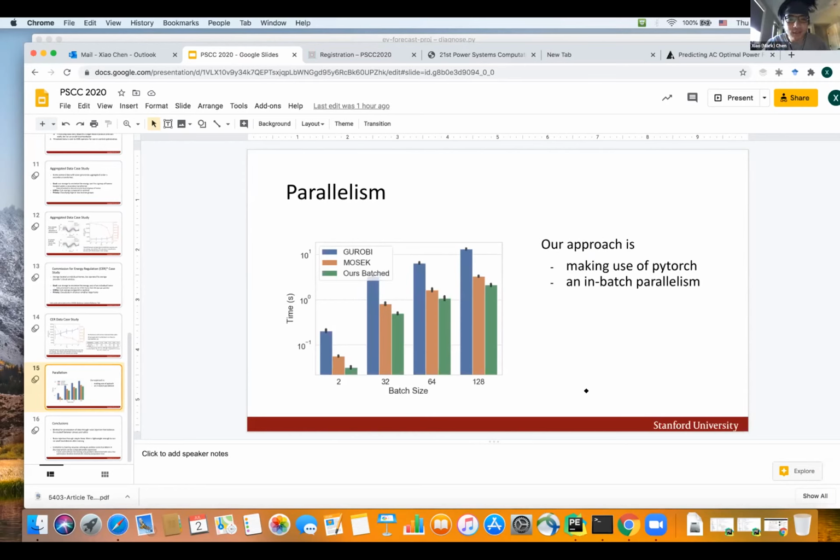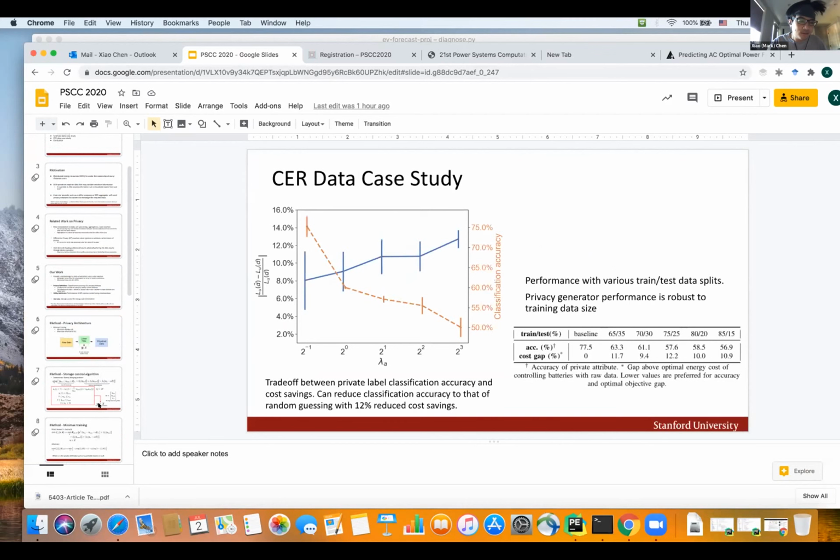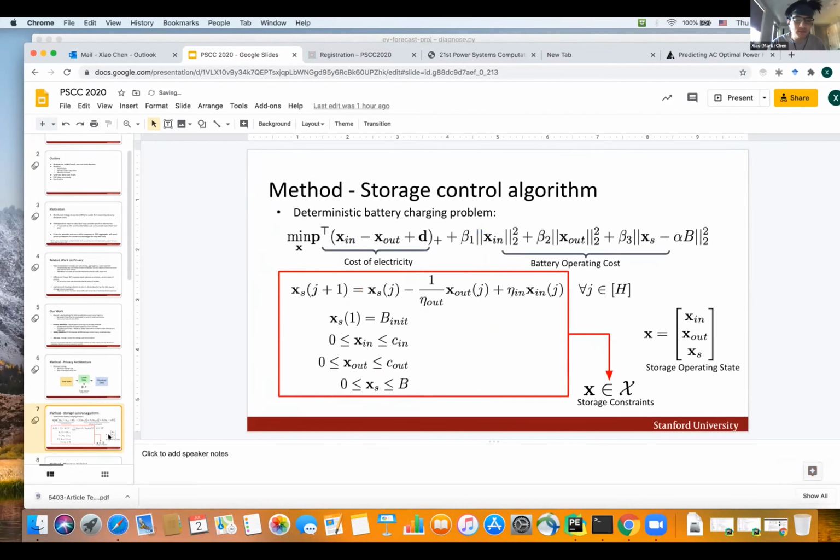For the second one, the beta here you can think of as how strongly you want to enforce the frequency of charging and discharging.